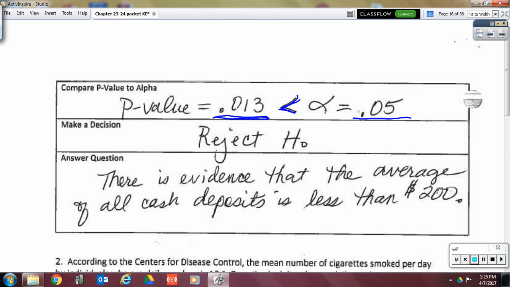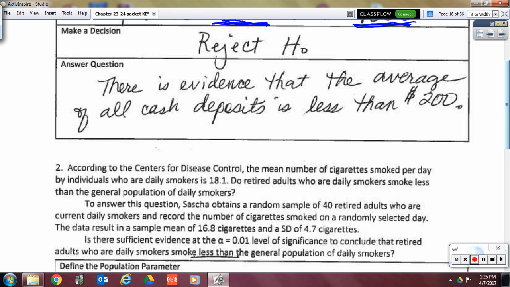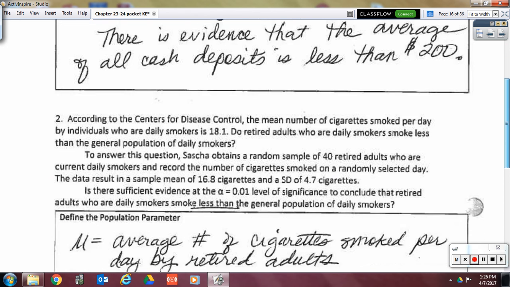This is 0.013, this is 0.05. If you did it to 3 decimal places, it's like comparing 13 thousandths to 50 thousandths, and 13's less than 50 last time I checked. So we reject H0. There's evidence that the average money of all cash deposits is less than $200.